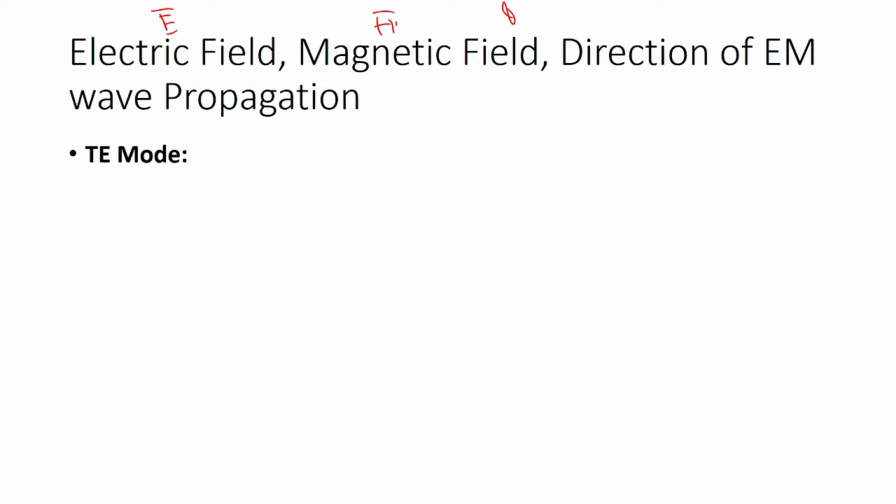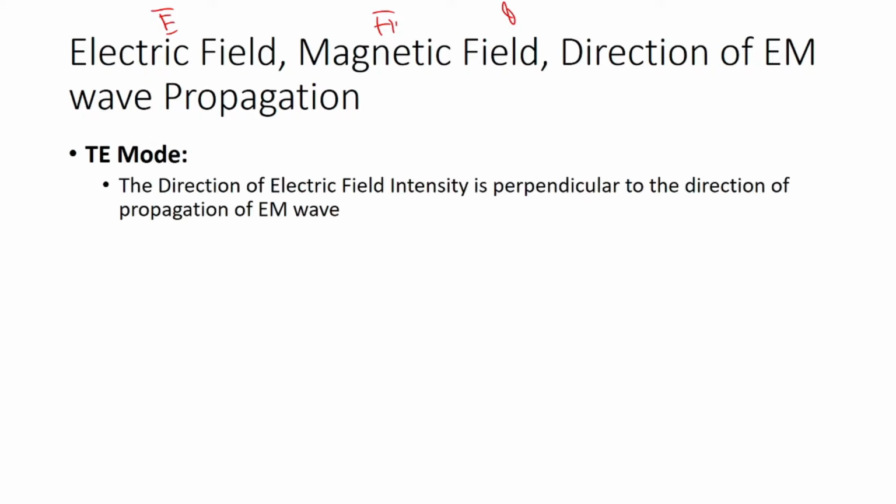If the mode of propagation is transverse electric mode, TE, then the direction of electric field intensity is always perpendicular to the direction of propagation of electromagnetic wave. That is, if the electromagnetic wave is propagating in this direction, electric field cannot exist.